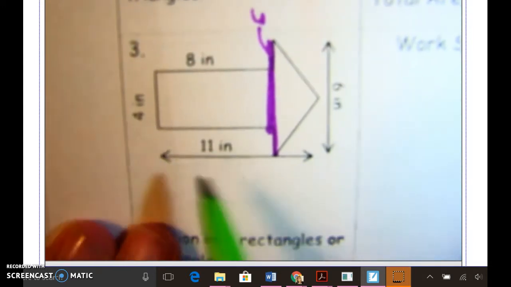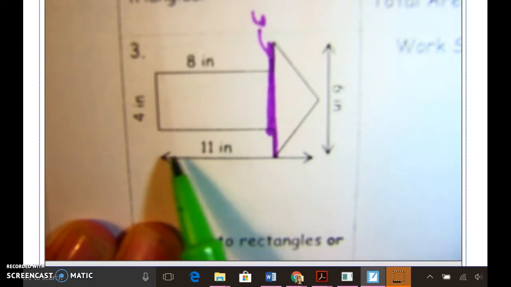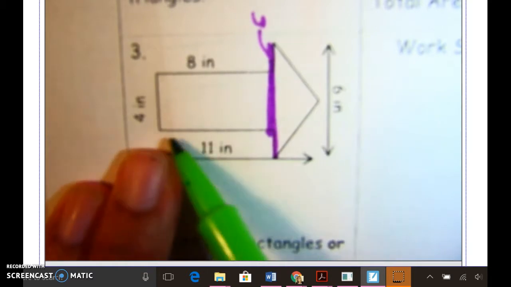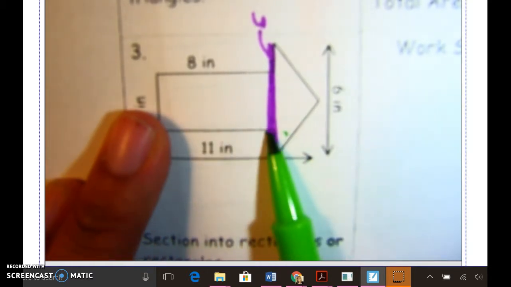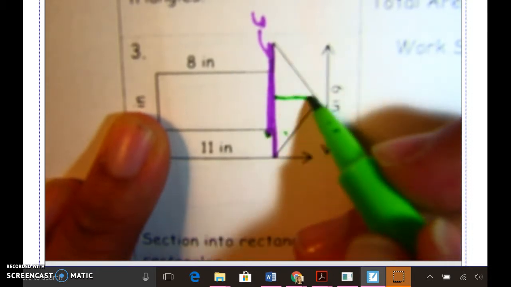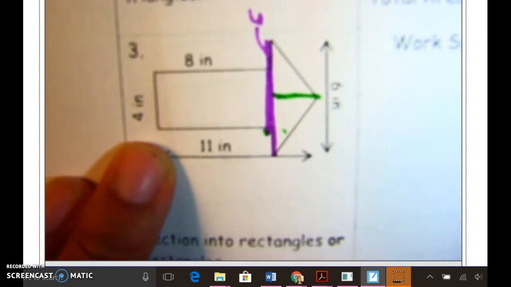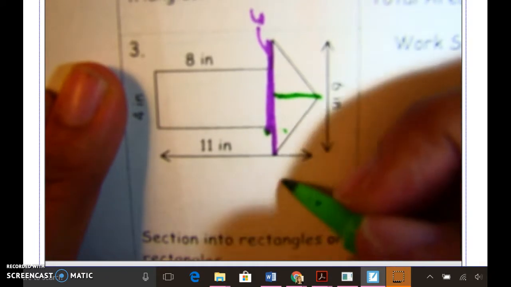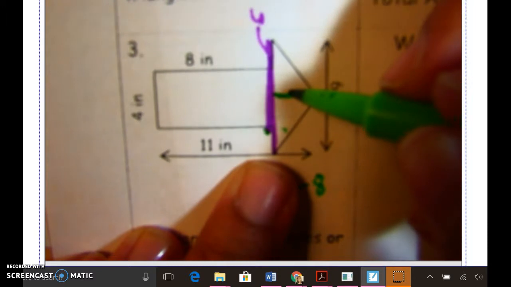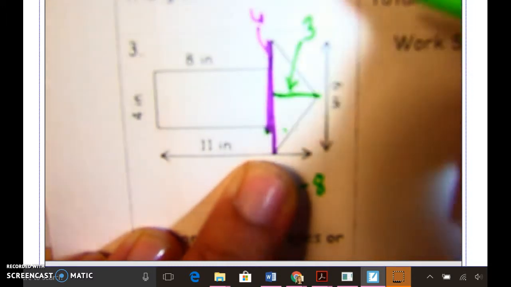I see that all the way from the end to end is 11. This much of the 11 is 8. How much is left over to be the height of the triangle? I'm going to have to subtract 11 minus 8. And when I subtract that, I see that the height of this triangle is 3.